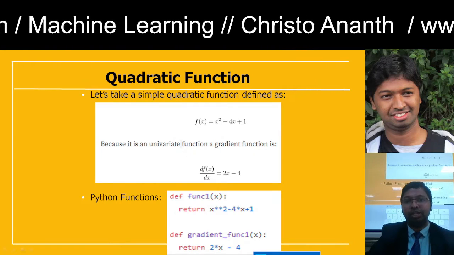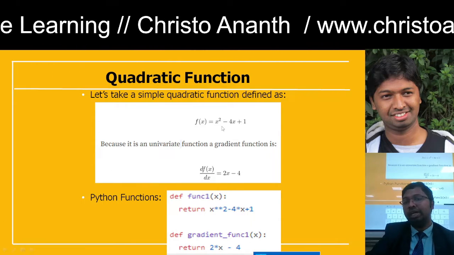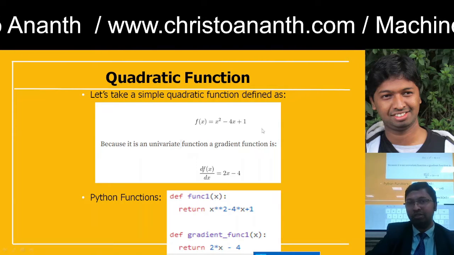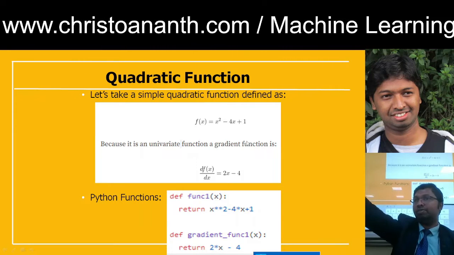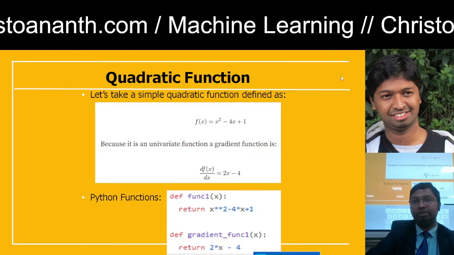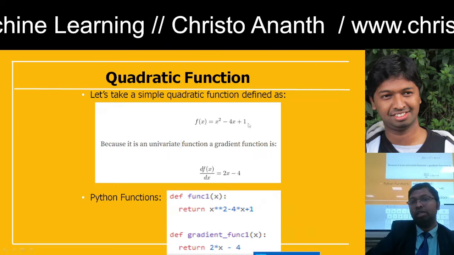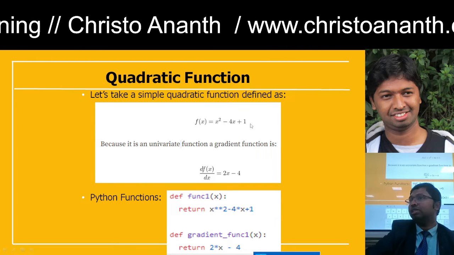So this is the quadratic function: f of x is equal to x square minus 4x plus 1. Since it's a univariate function, we calculate the first derivative. What is the first derivative? 2x minus 4, since differentiation of a constant is equal to 0.